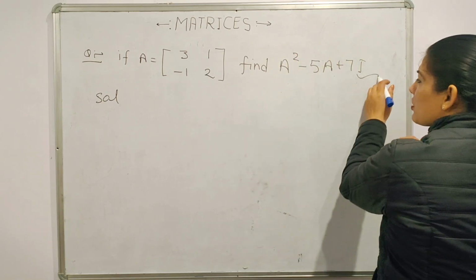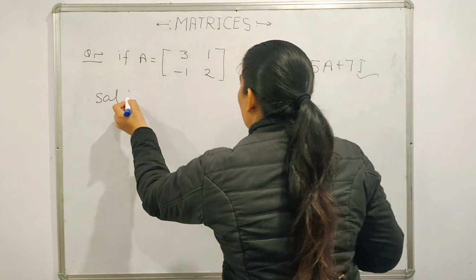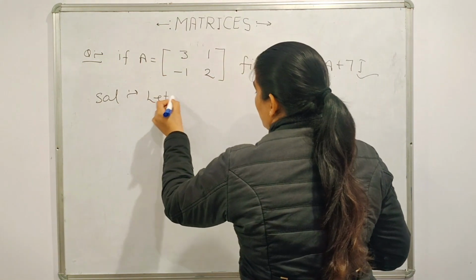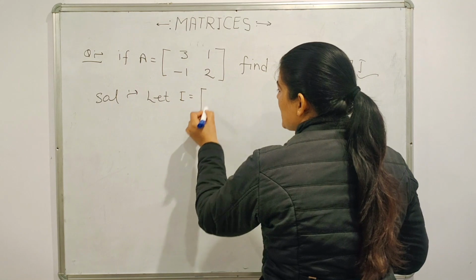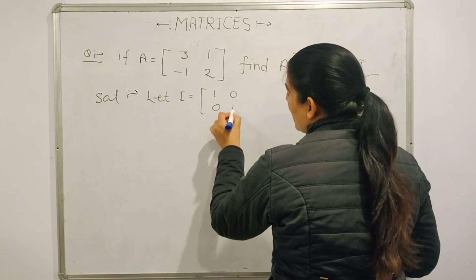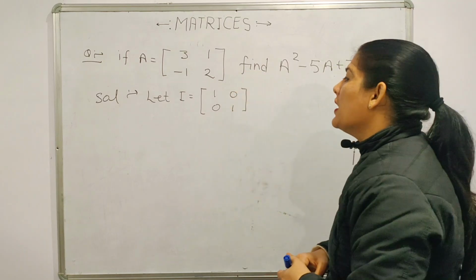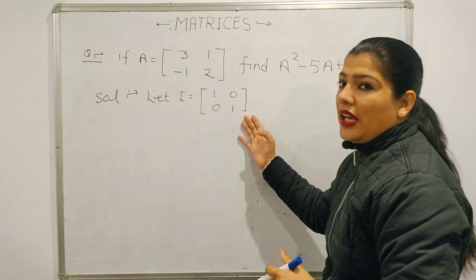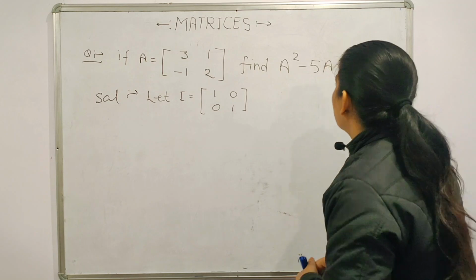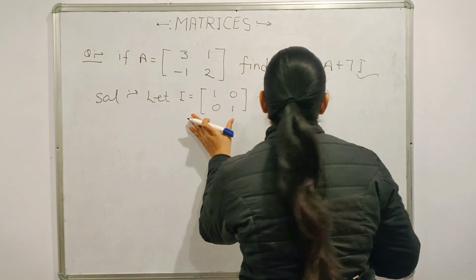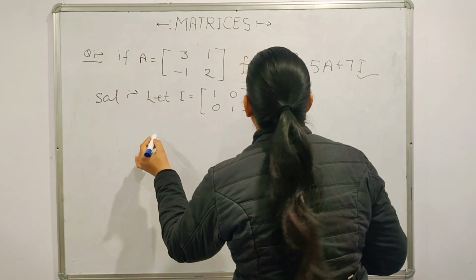Okay, so first let I be equal to 1 0 0 1. If the matrix is 3 by 3, then we'll take I of order 3 by 3. So the order of I depends on our need.